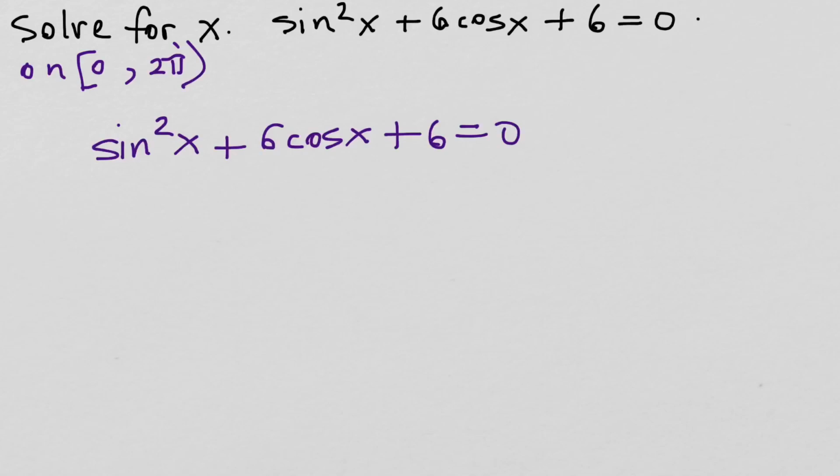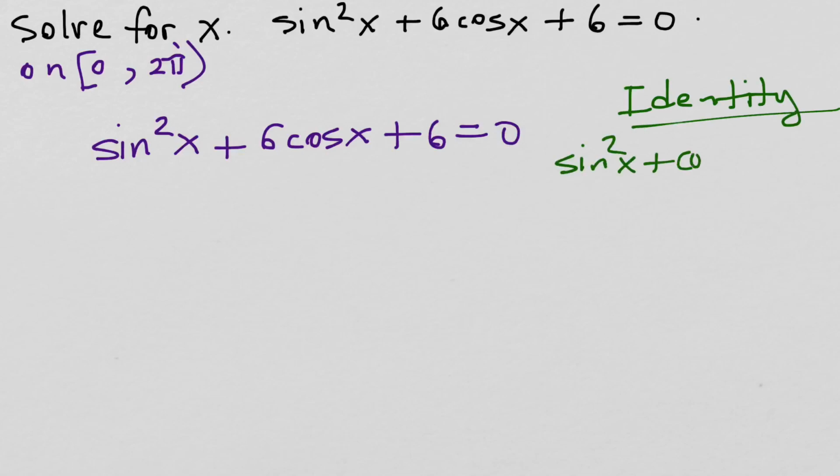Now I'm going to examine it to see if I can factor it. Right off the bat, I can see I have a mixture of sines and cosines, so we're going to have to do a substitution somewhere. If you see a sine squared, remind yourself of our identity that says sine squared of x plus cosine squared of x is equal to 1.